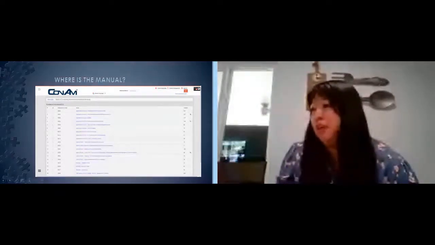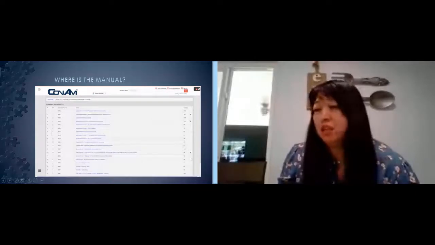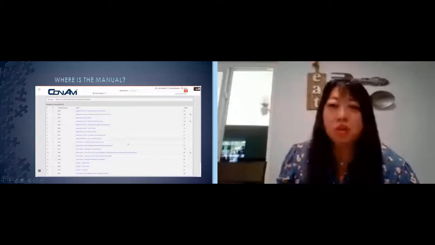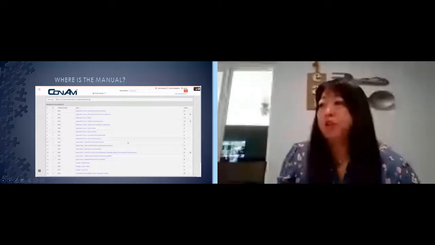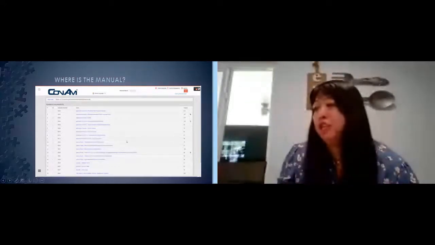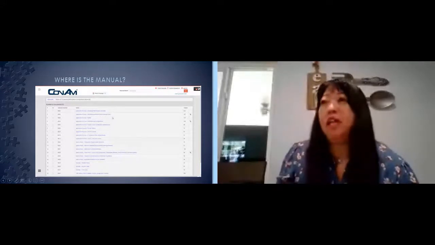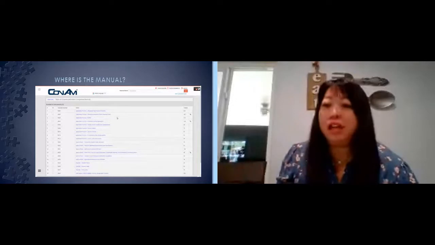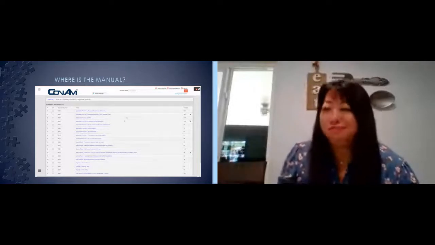We've separated the manual into different sections with SOP numbers, and some of them even have links to forms that you can use. If you have a question about, let's say, an application, click on the application process and it'll take you to the policy. And if there's a form needed for that policy, there's also a link that we can click on.